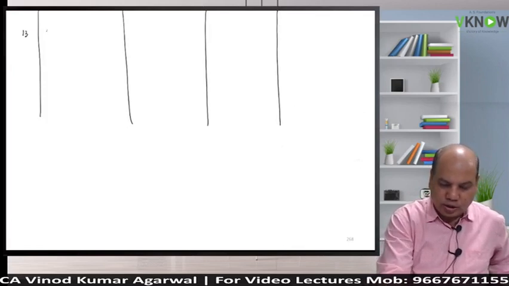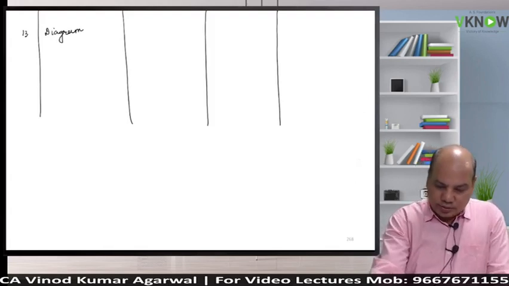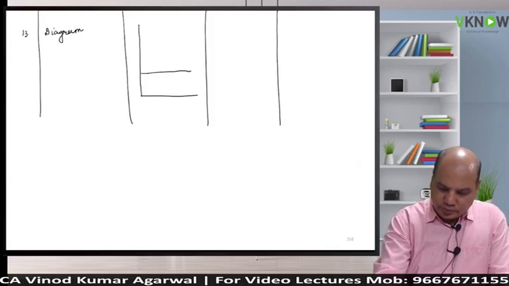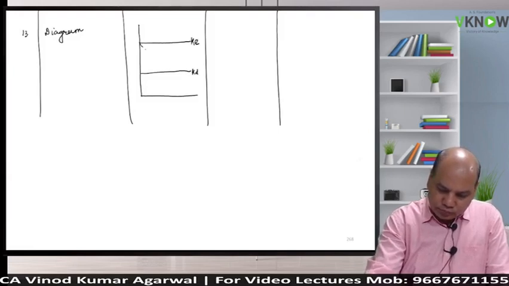13th point, write down the diagram. How will the diagram look? Net income approach: KD is constant, KE is constant, KO will fall.